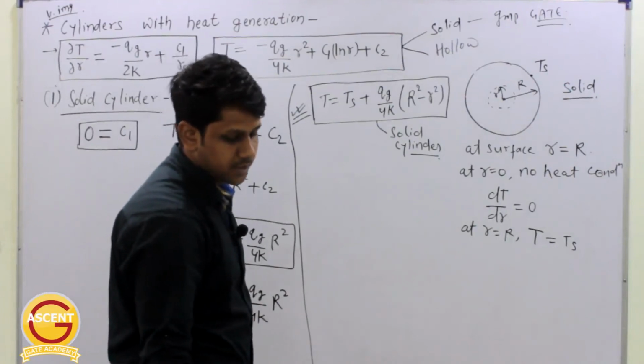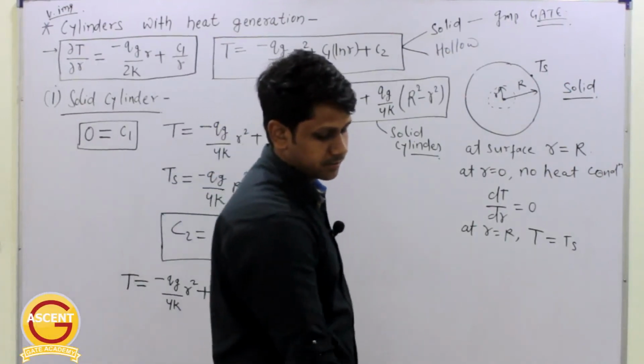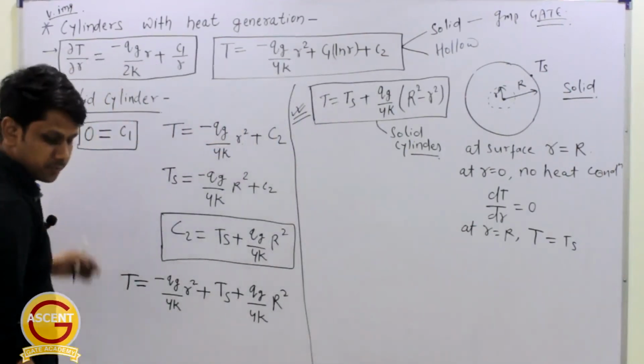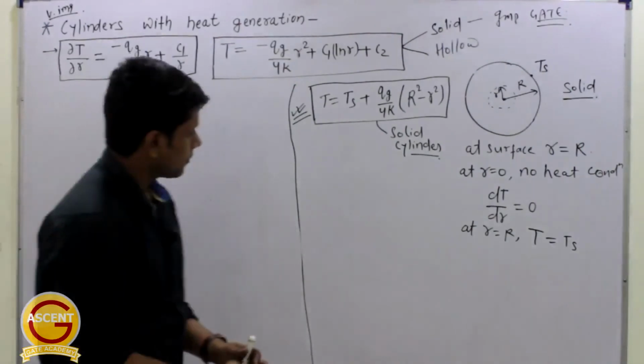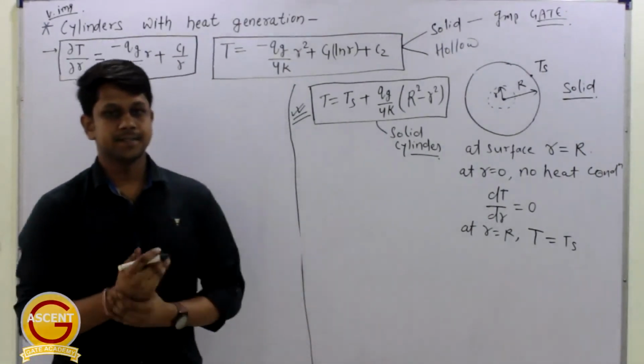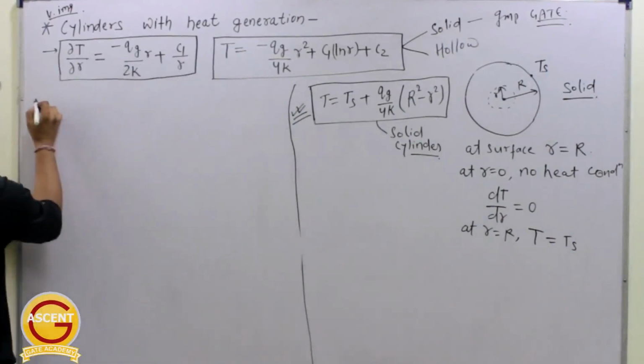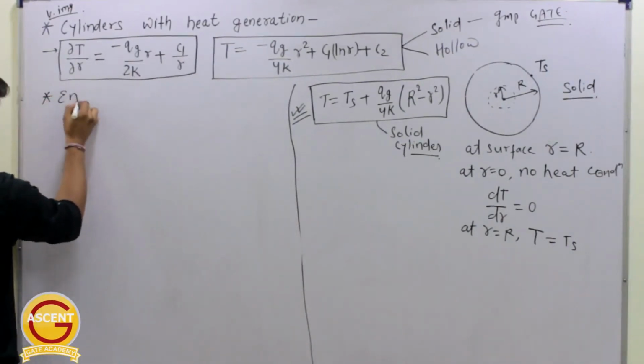Now we will see the energy balance in this solid cylinder. Right, so let me remove this. Okay, so let's see the energy balance in this solid cylinder. So the heading is energy balance.